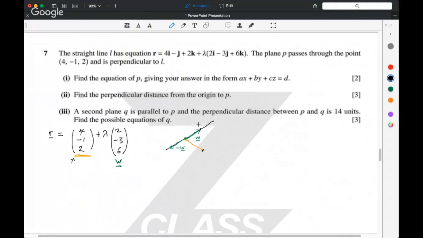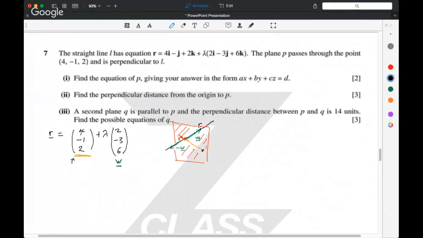So any point R on the line can be reached by first going to the line with the orange vector and then going up and down with W. So if I say that I have a plane which passes through this point and is perpendicular to the line, so there's like a right angle, well, what I'm saying is that I can get to any point on that plane by first going to this orange point, same as before, and then heading out in a direction that has a vanishing inner product with W. Another way to say that is that W is normal to the plane, right?